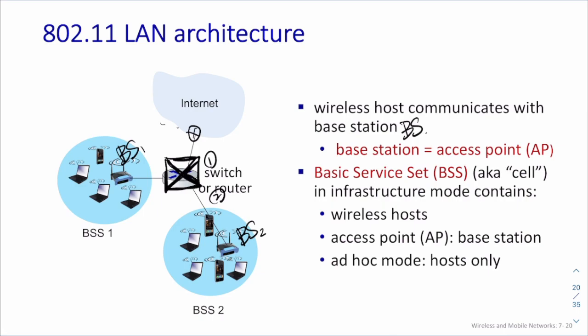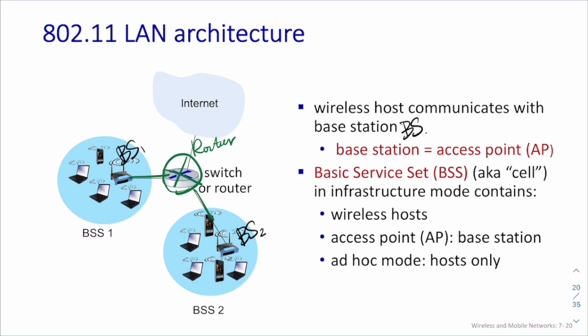So all those devices in BSS1 and BSS2 and the switch belong to the same subnet, so they will have the same network ID, net mask. That's one of the configurations. But another configuration is if those base stations are attached to a router like this.